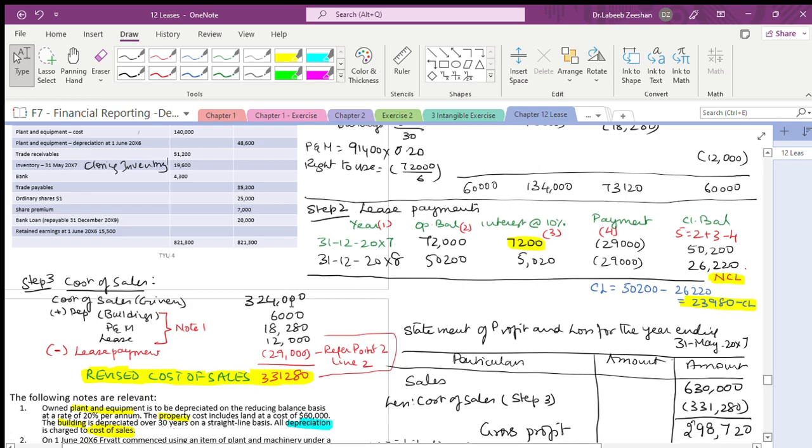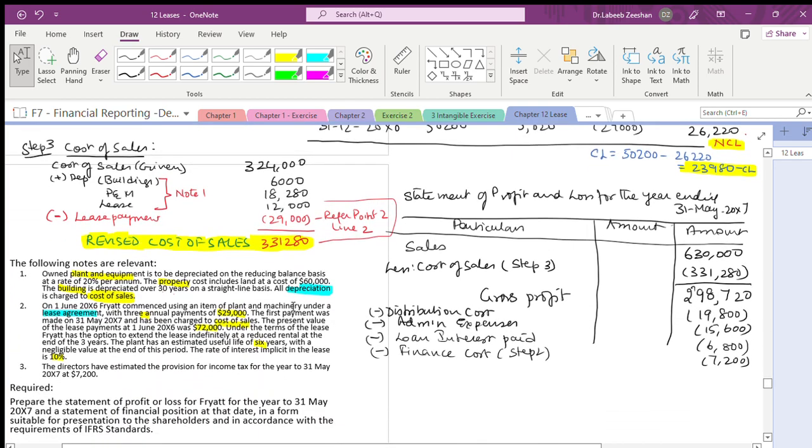Now, how much will come here? We don't have anything. Just tell me. My handwriting is not that good, okay? 298,720 minus 19,800 minus 15,600 minus 6,800 minus 7,200.